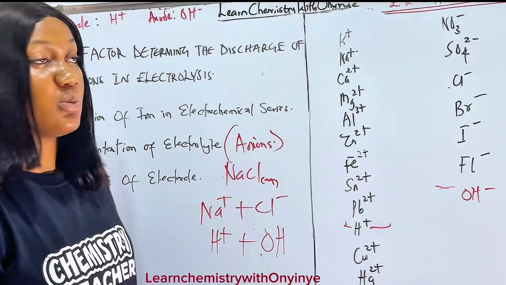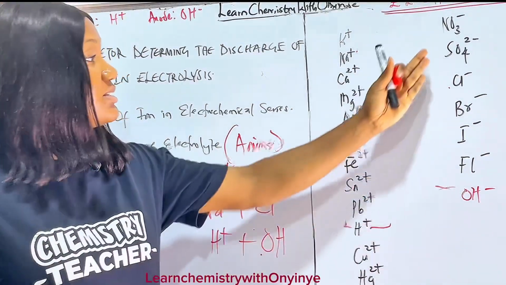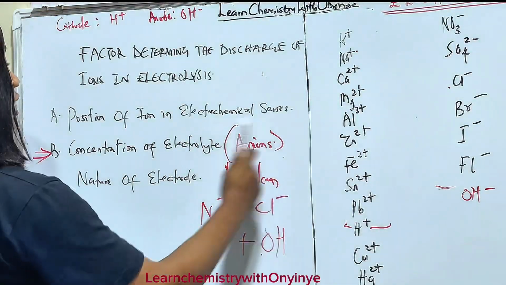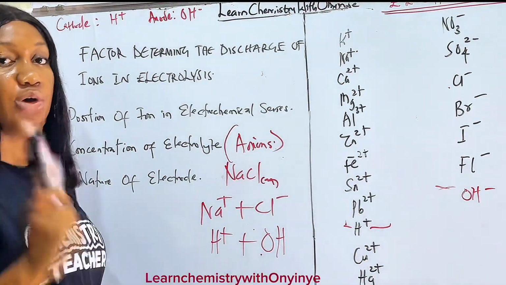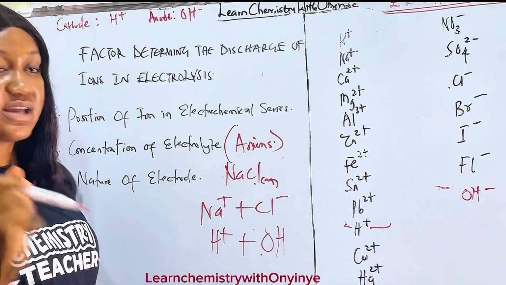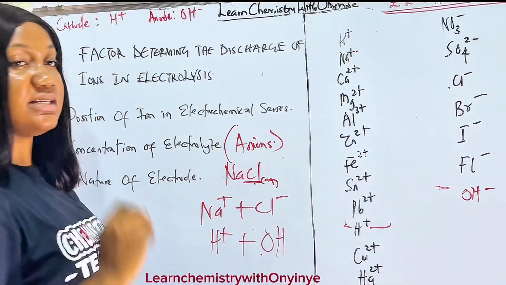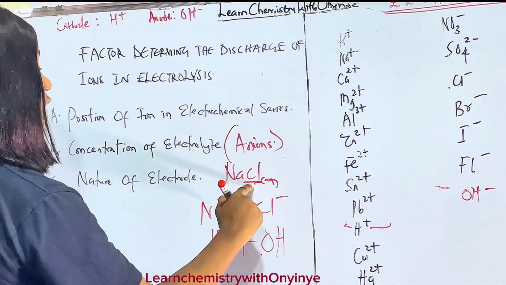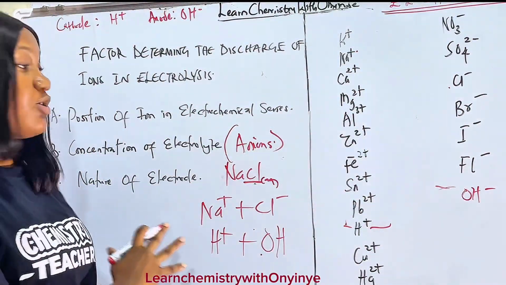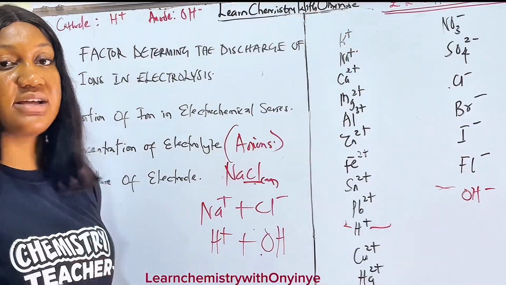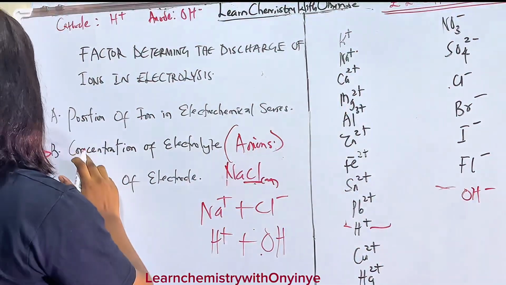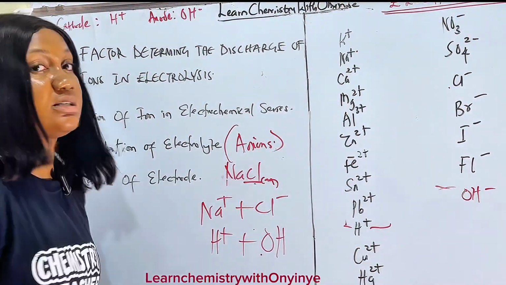Concentration of electrolyte is going to affect anions, and anions having the halogen. So for the electrolysis of sodium chloride, will concentration affect this? Yes, because here chlorine is a halogen. Now for the cation, concentration of electrolyte does not affect the cathode. So in the electrolysis of concentrated sodium chloride, what's going to be discharged at the cathode?